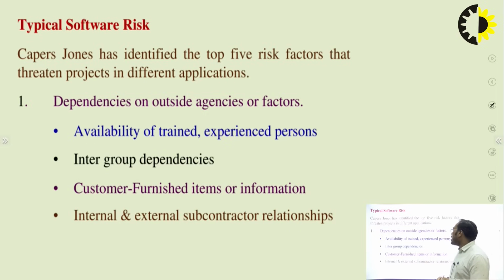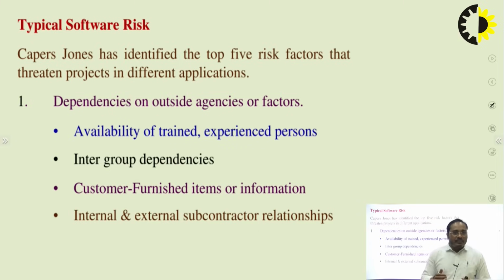The first is the availability of trained, experienced persons. Then intergroup dependency, customer furnished items or information, and internal and external subcontract relationships.